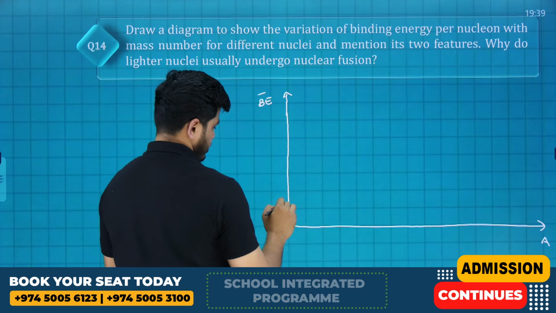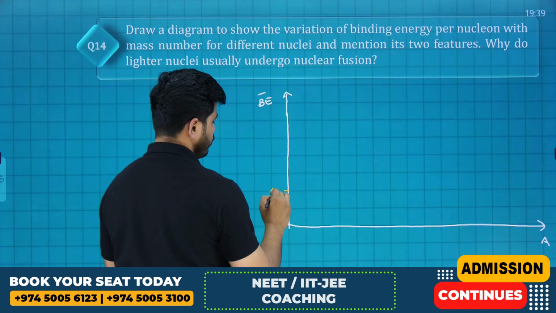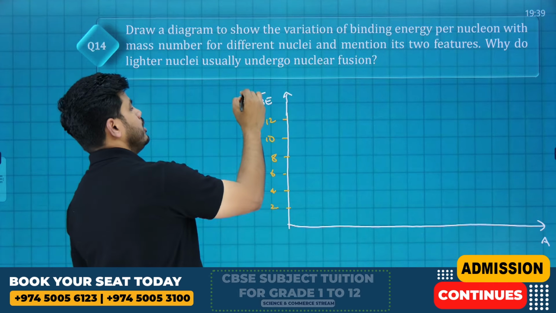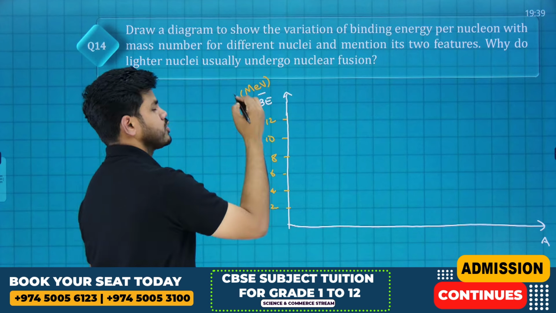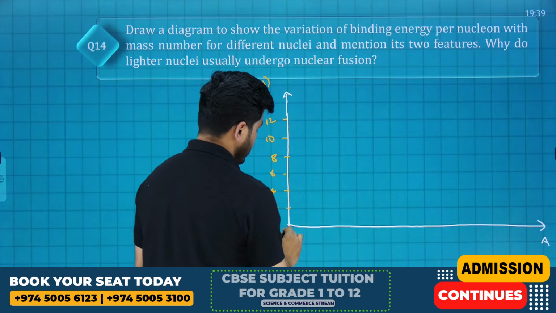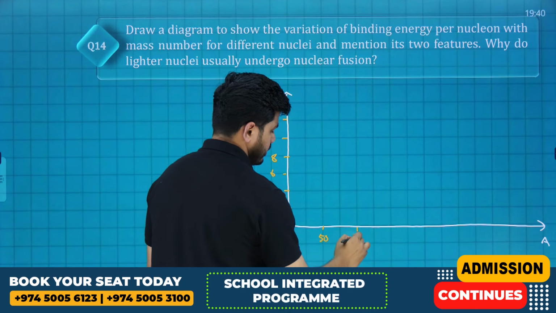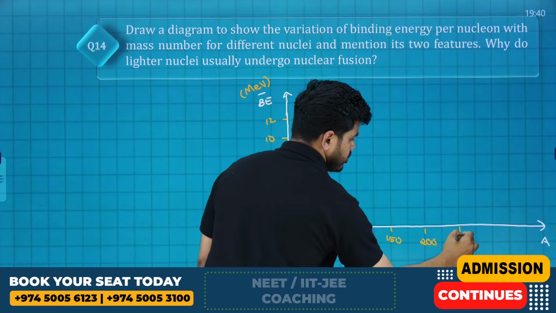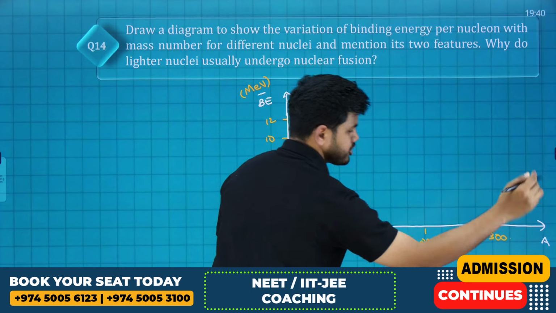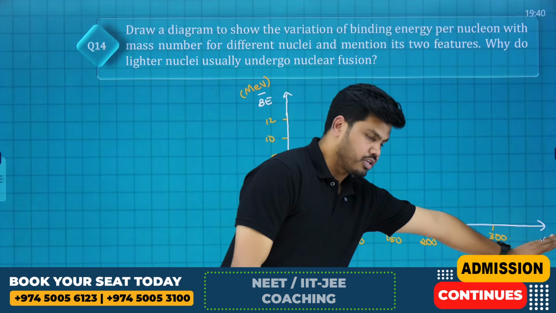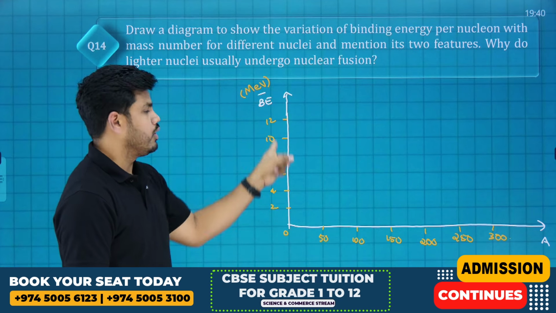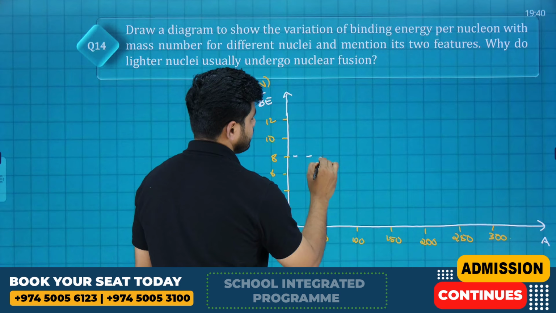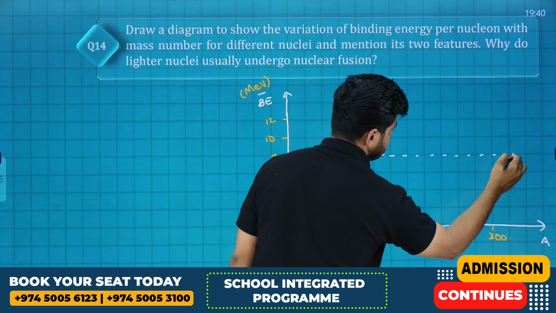Remember, the unit is mega electron volt, MeV, and here we mark 50, 100, 150, 200, 250 and so on for the mass number along the x-axis, and the value of binding energy per nucleon along the y-axis. And we take 8. This is the reference line we have to remember, 8 MeV.